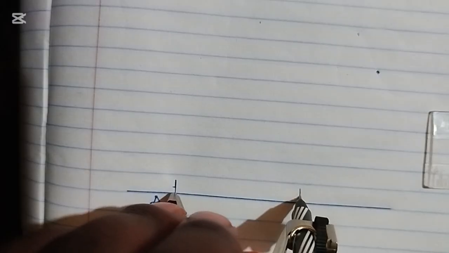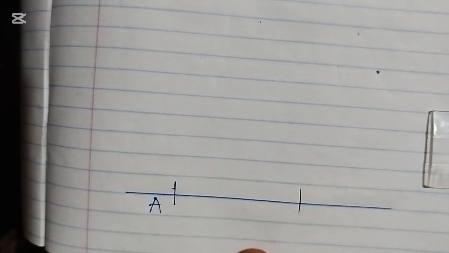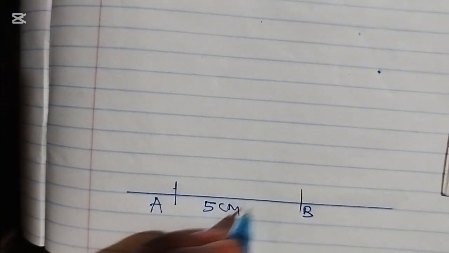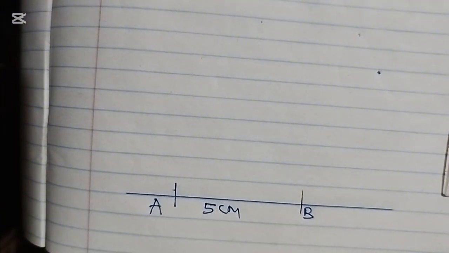So I'll stand here at A, then make a mark here to see where it's going to cut here. So this point will be B, and this is 5 centimeters.